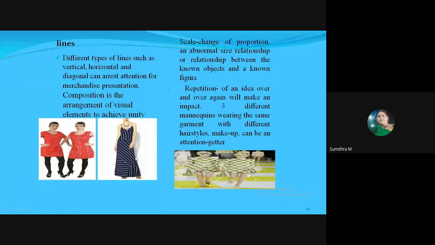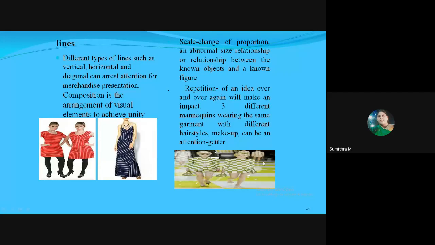So different types of lines are placed in one window. It can be easily attracted. So people who pass by this window will stand there and see the view of the lines. So they may be attracted to get a product in that particular shop.